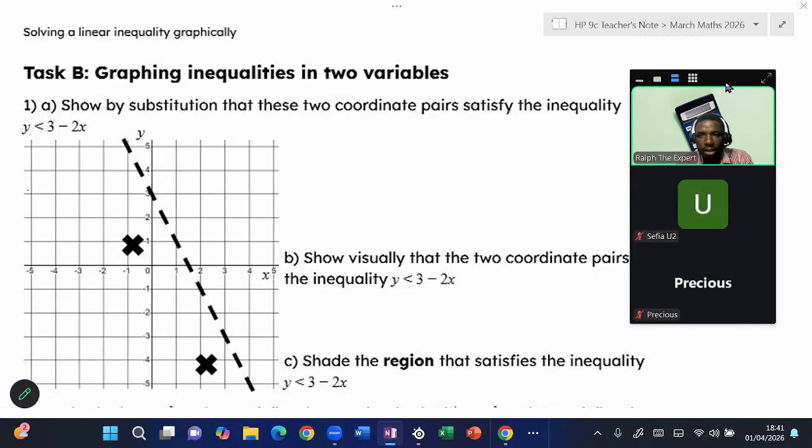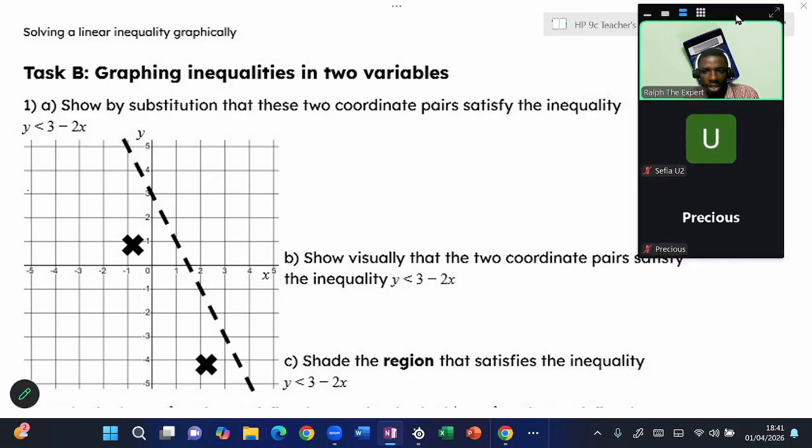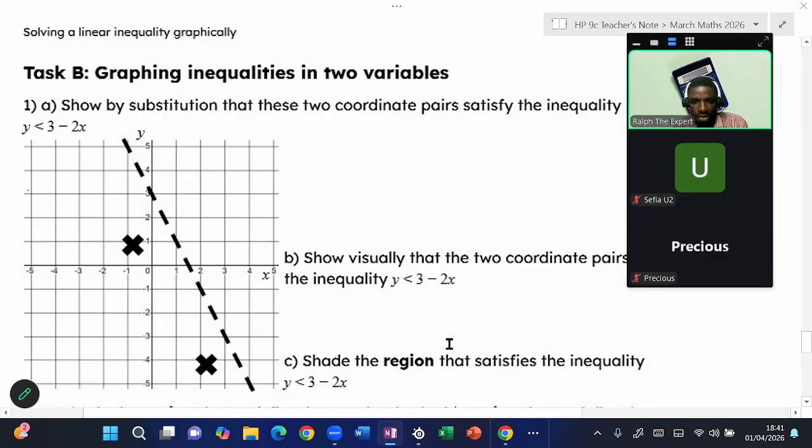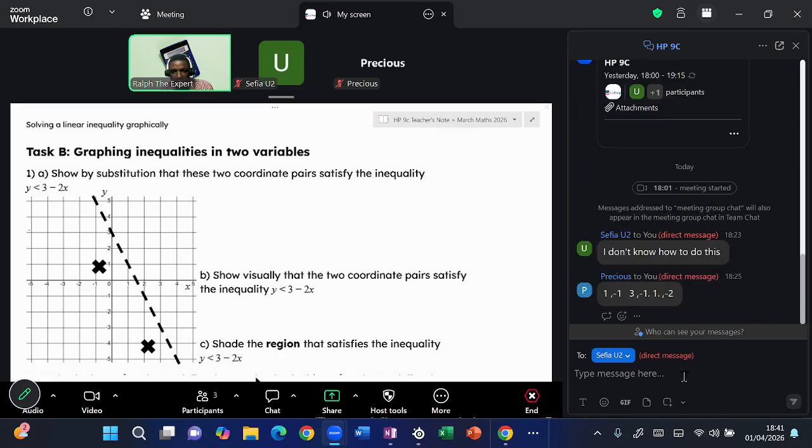Let's take a quick question before we continue. Kind of an icebreaker, because we're about to enter two variables now. I would like to start with Sephia. I would like to ask a question. Maybe I would do it in chat. I don't know why you guys are reluctant to speak today.